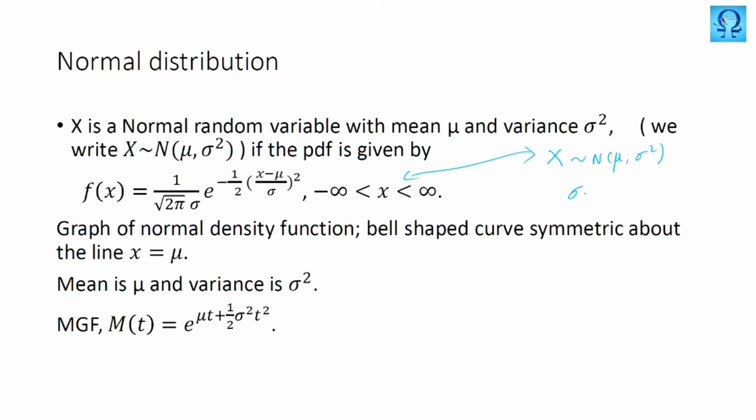Now letting sigma square equals 1. Okay, so what happens here? It will be f of x equals 1 upon under root 2 pi e to the power minus half times of x minus mu whole square, where mu is the mean of this thing. Now, when sigma square is 1, this is going to happen.